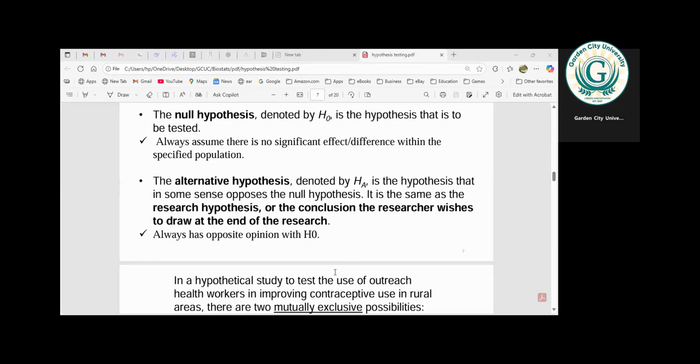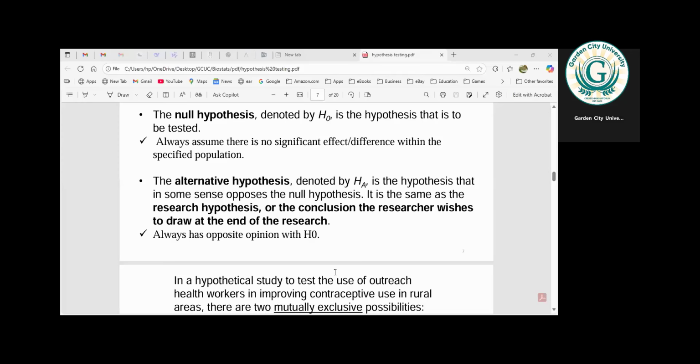That means that whatever policy, whatever thing that you did is not having any impact. If it's not having any impact, then the default remains the same. So by default, 75% are using antenatal care. And so the null should reflect that.